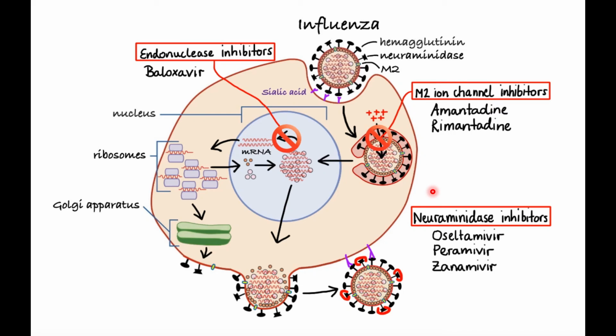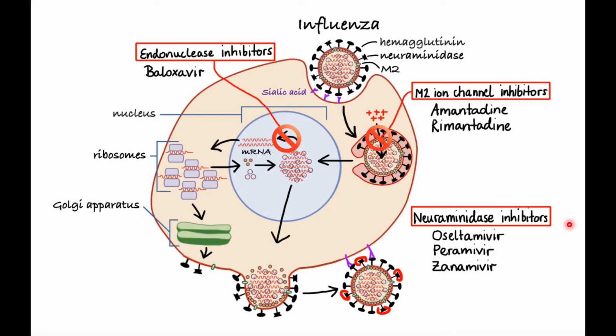The next group is the endonuclease inhibitors, a new group with the only member baloxavir. Baloxavir inhibits endonucleases that are required for mRNA production in the nucleus, and this way inhibits one of the steps in viral multiplication.